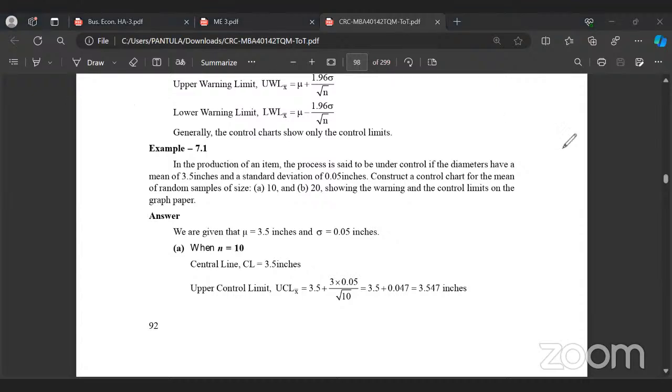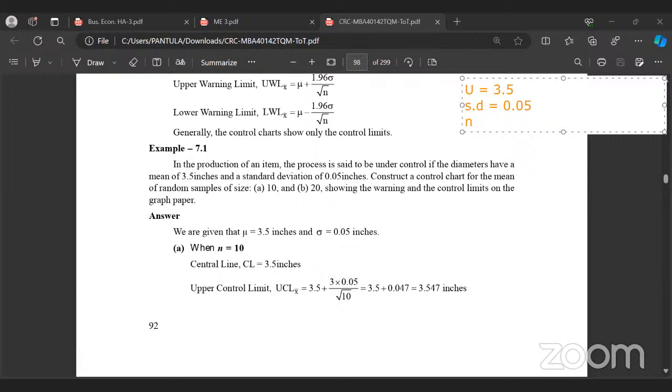I'll write it here. Mu is equal to 3.5 inches, the standard deviation is 0.05, and small n is equal to 10. So these are the values they have given.